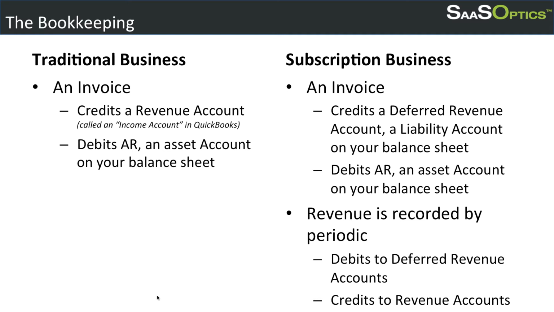Now, what's interesting, if you look at this very quickly, is we're doing a credit and a debit to the balance sheet on the subscription side. On the traditional business side, we're doing a credit to the income statement and a debit to the balance sheet. All right. So how do we get revenue onto our income statement in a subscription business? We will periodically debit our deferred revenue account or accounts, and we'll credit our income accounts or our revenue accounts.